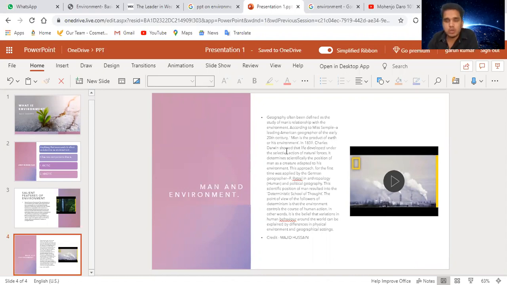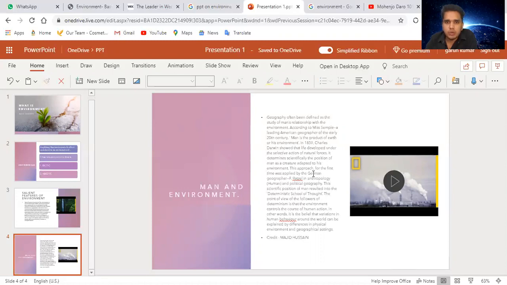Man is not made to rule the earth. Man should behave according to the earth, or his environment. In 1859, Charles Darwin showed that life developed under the selective action of natural forces. It determines scientifically the position of man as a creature adapted to his environment.